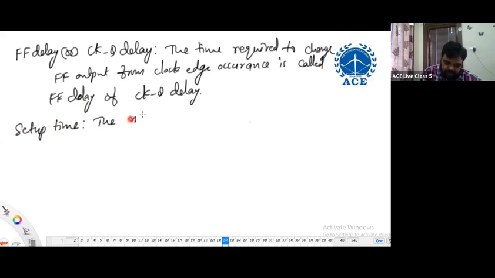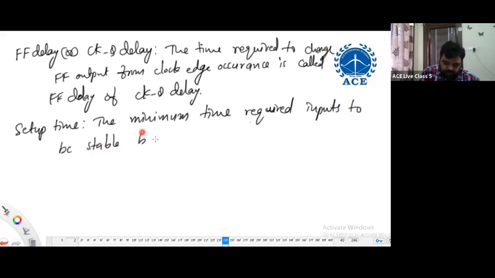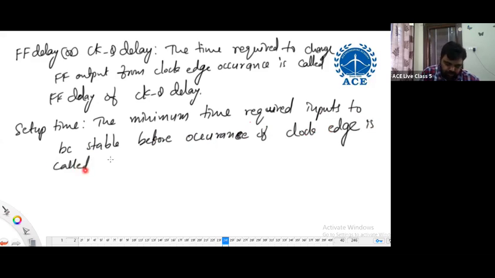The minimum time required for inputs to be stable before occurrence of the clock edge is called setup time.